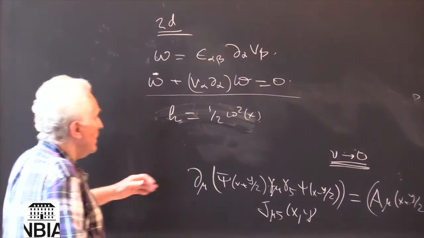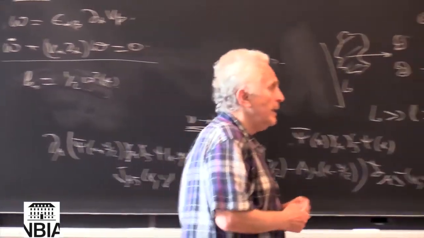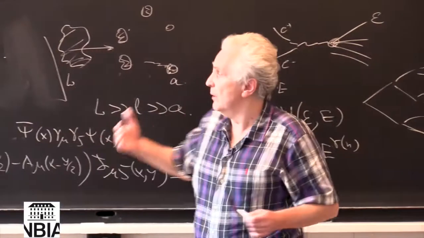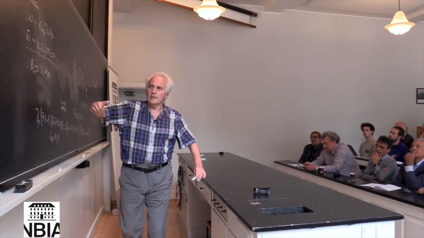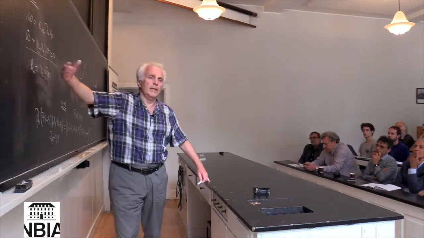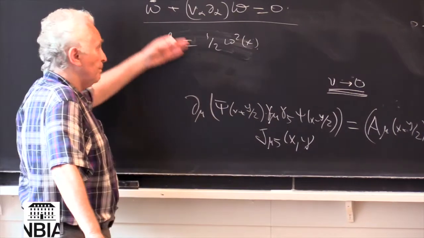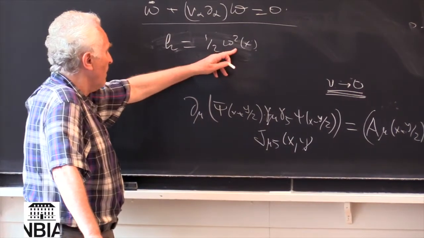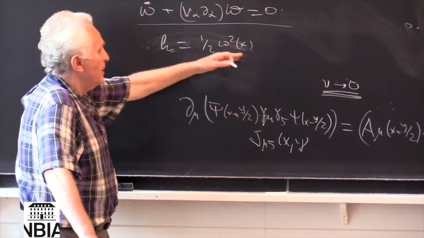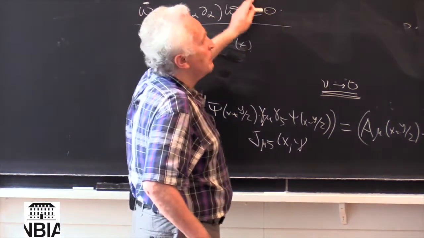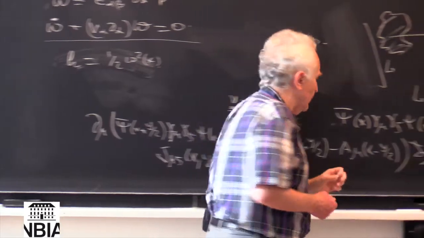Now let's do the point splitting once again. If we want, we can discuss the entropy or any other integrals of motion when you have no point splitting, but explicit presence of the ultraviolet cutoff.